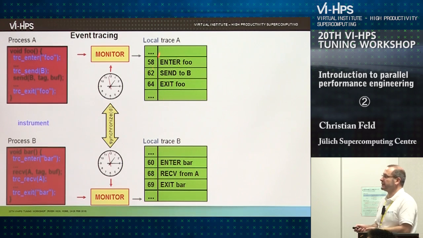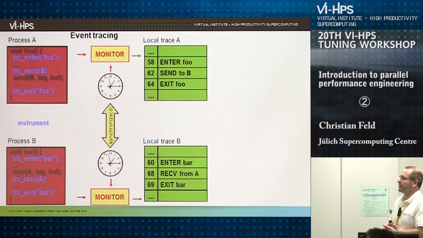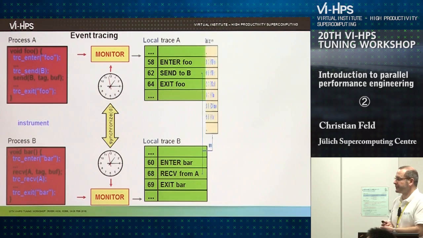And in the first column, we have the time. So at time 58, we enter the function. Then at 62, we send something to B. And we exit at 64. And for trace B, we enter at 60, and we receive at 68. So 6 time units later, and then we exit at 69.